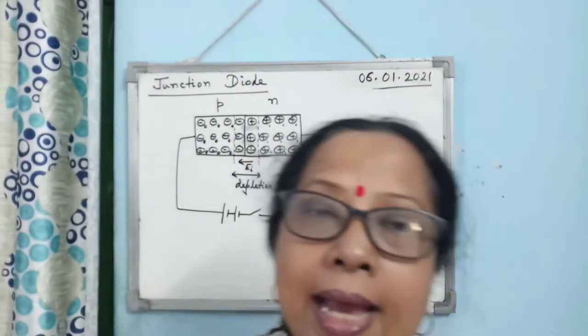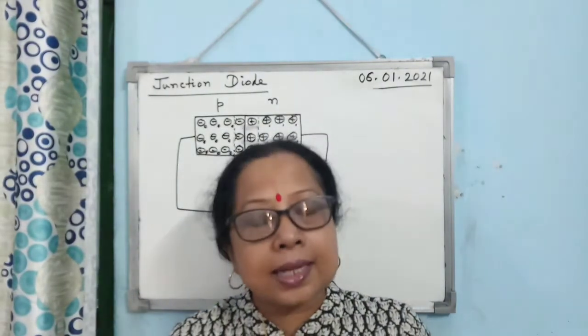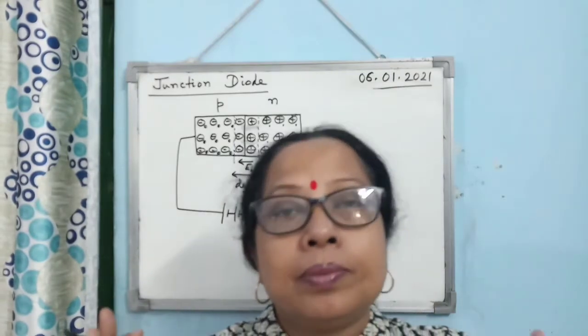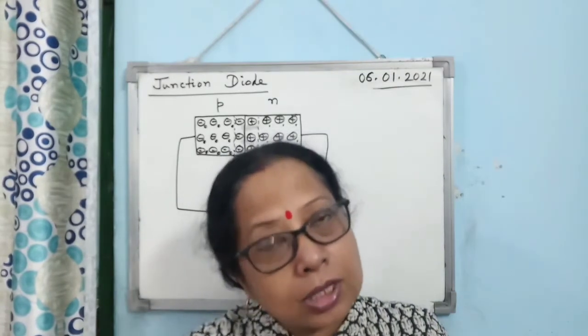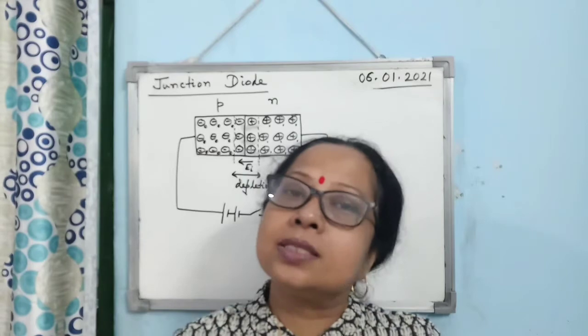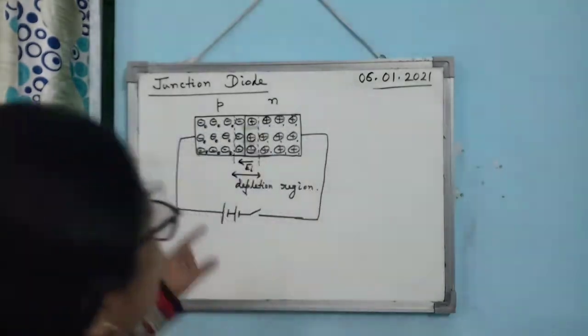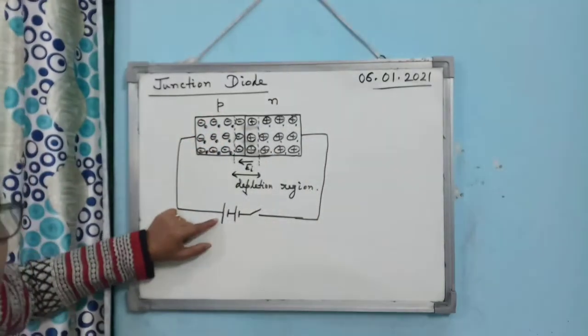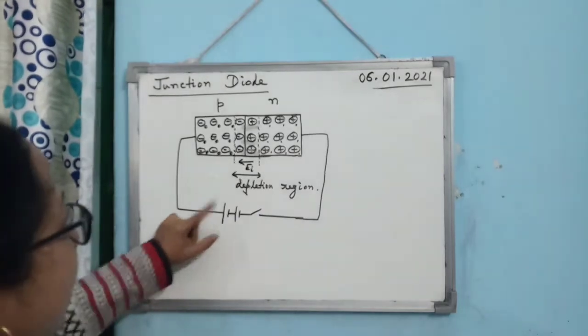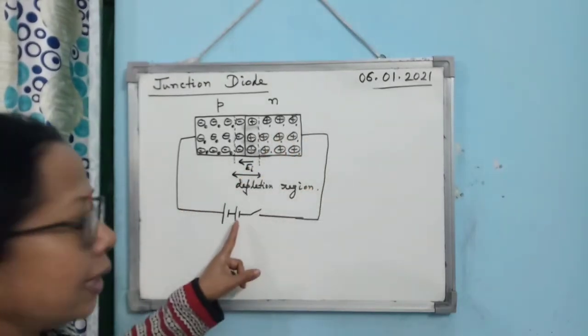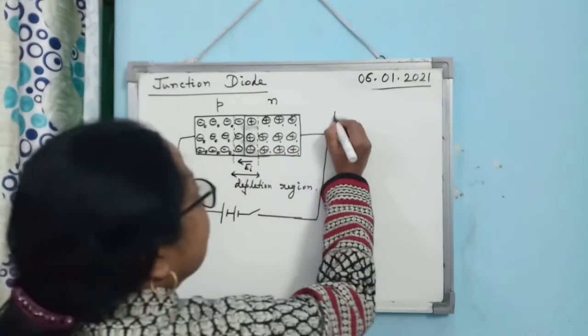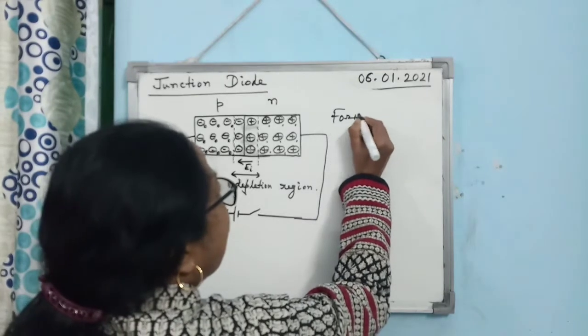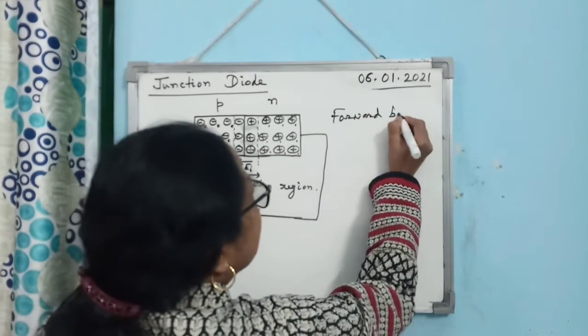Means just connecting a battery across the junction diode is known as biasing. And when the p region is connected to the positive terminal of the battery and the n region is connected to the negative terminal of the battery, then it is known as forward biasing.